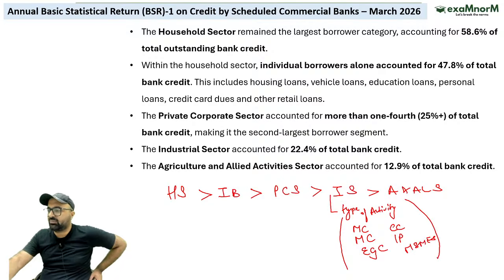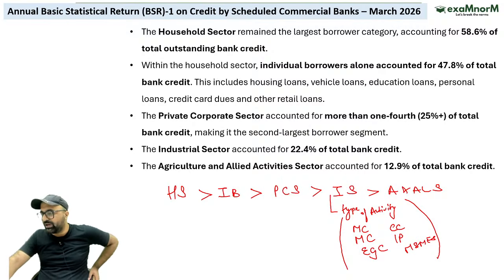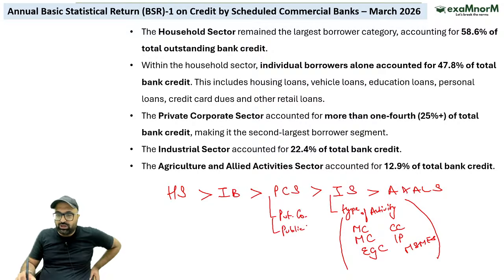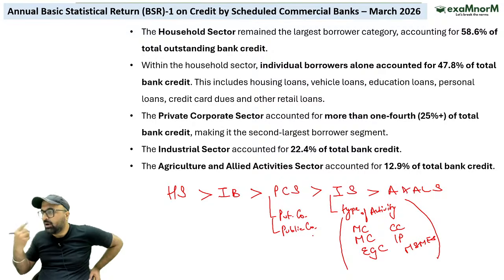But on the other side, the moment I say private corporate sector, so private corporate sector includes the loan given to private companies, public companies which are privately owned, as well as the corporate groups.